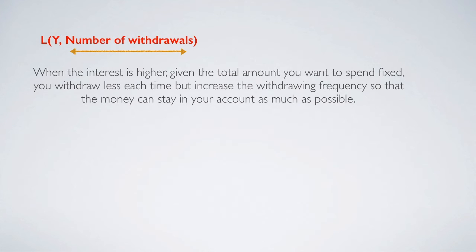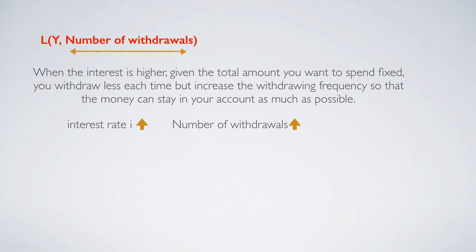So what we have here in this story is that when the interest rate is higher, even though the household decides to spend $300 for the month, actually he would be willing to take more trips to the bank, which means he's willing to increase the number of withdrawals, so that each time he withdraws less money, which means more money will stay in his saving account to earn interest for the household.